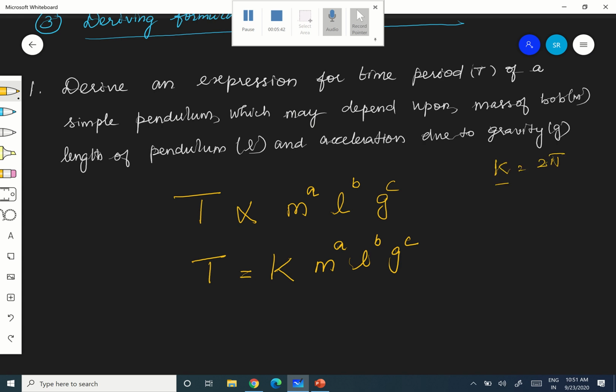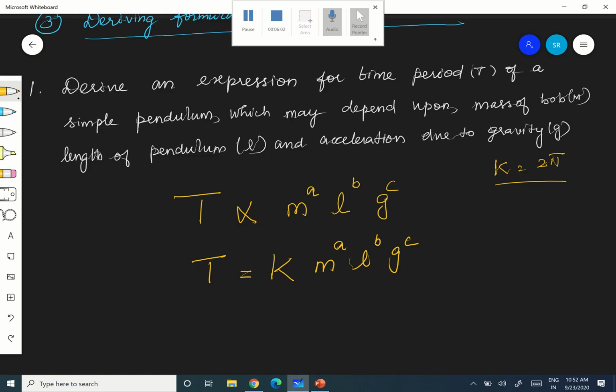Here it is not given actually, I am giving you. Sometimes they will give, sometimes they won't. Doesn't matter. You just keep it as k itself if it is not given. Don't bother, because the value cannot be found out by using the method of dimension.